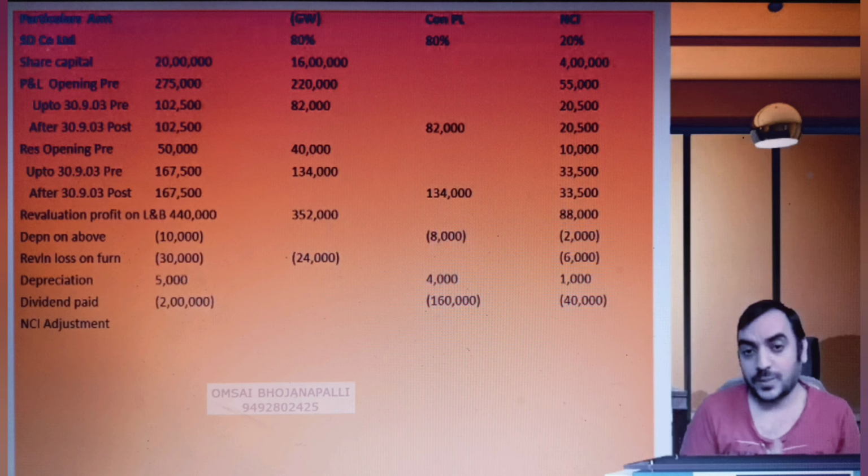It may be treated. Con PL account debit to goodwill means con PL column we subtract, in goodwill column we add, if you want to treat it. But we don't treat it, but it may be considered. One concept, one opinion, one school of thought exists. And different other set of people treat differently. But just for reference, I told you.